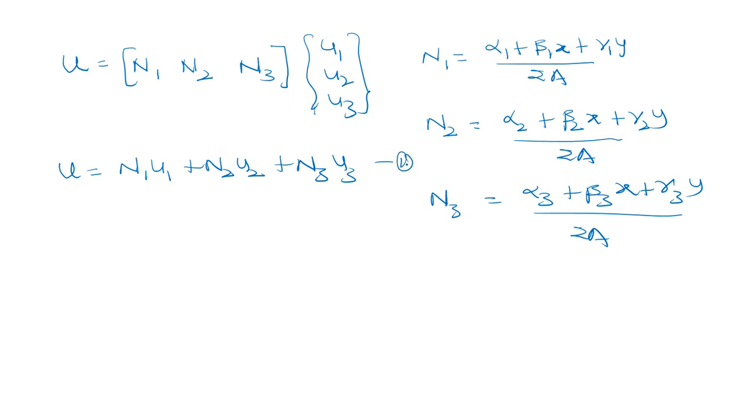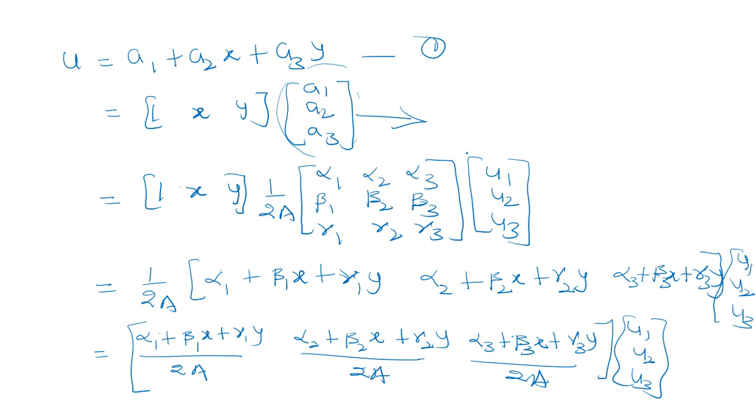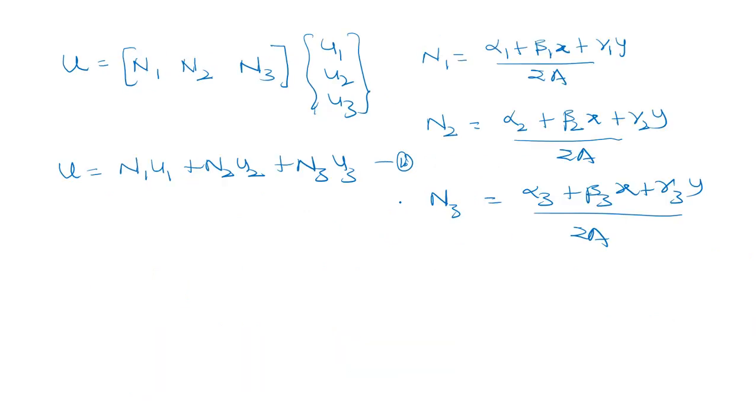This is the final equation, whatever we have written in the previous slides. The equation number we forget, maybe it is 10 or 11. Now this is the displacement equation in terms of its shape functions. N1, N2, N3 are the shape functions.